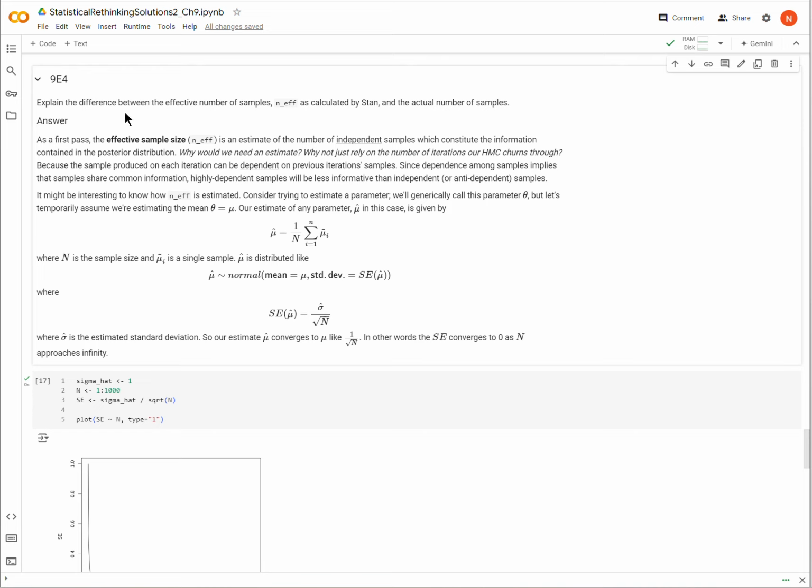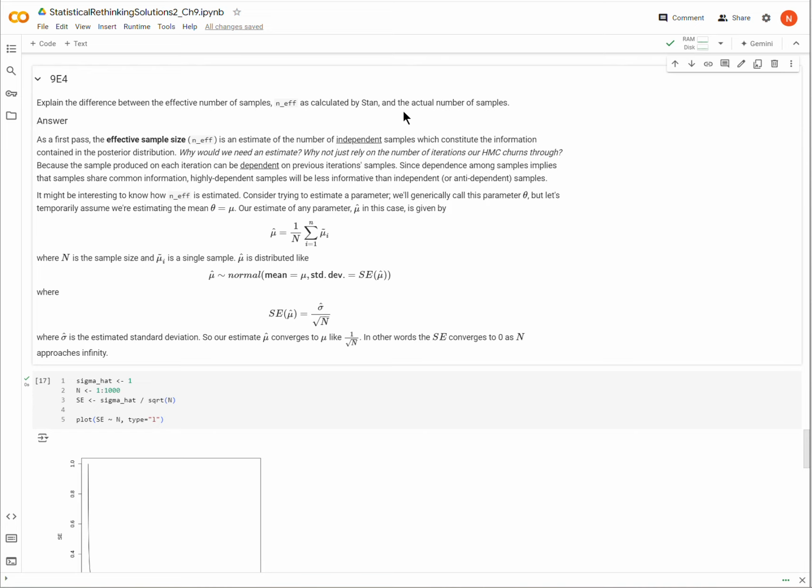Okay, so let's start by describing what NEFF is. And also, it's not really clear what is meant by the actual number of samples. It could be a little bit of an ambiguous term here, so I want to clarify all of this.